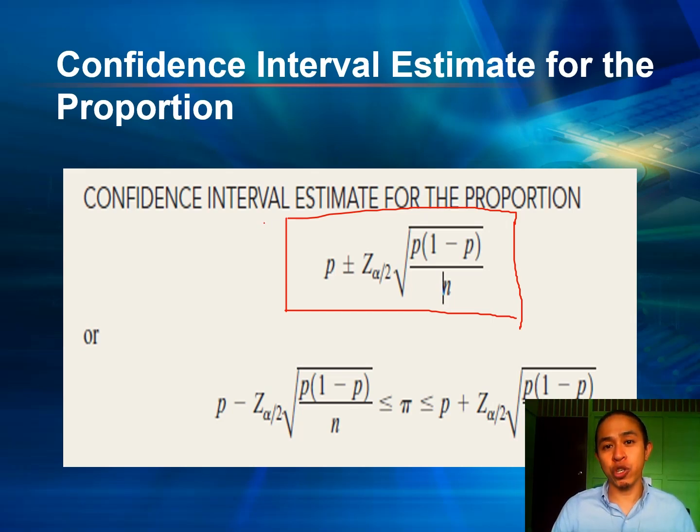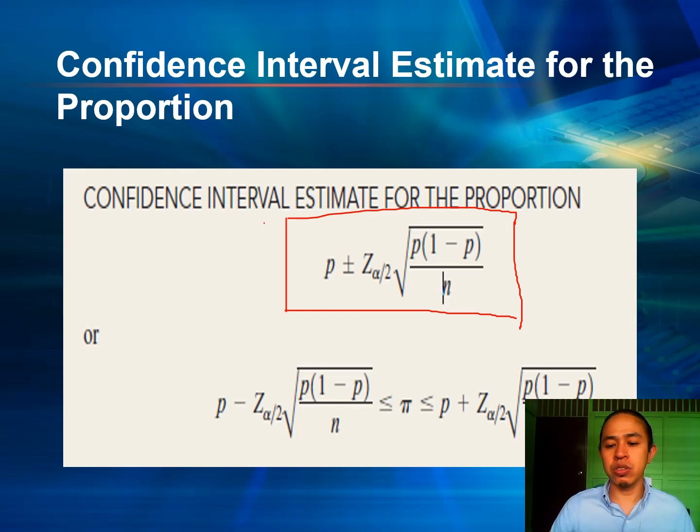the sample proportion plus minus the z value. So again, don't forget that if we're going to make a confidence interval for a proportion, we go back to using the z value. Alpha divided by 2 times the square root of the sample proportion times 1 minus the sample proportion divided by n, or the number of samples.